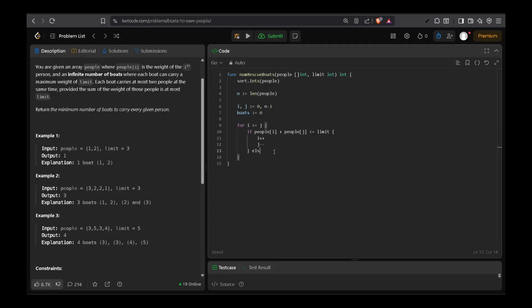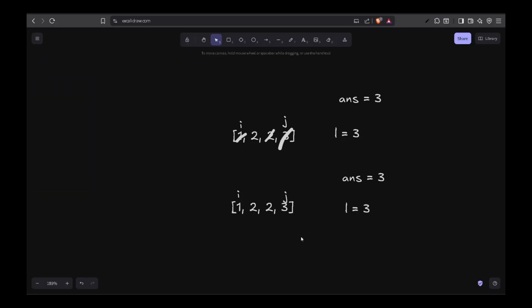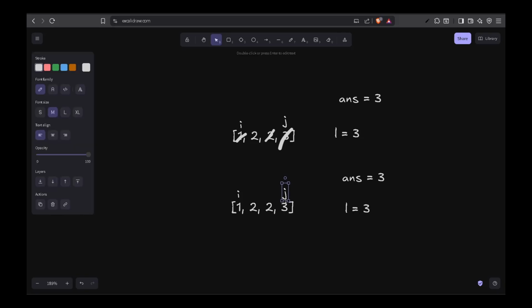If that is not the case, if it exceeds the limit, what we want to do is send the heavy person alone in a boat. Why? Because say here and here the limit is, let's say, 3, right? The limit is 3. 1 plus 3 would be larger than 3, which is 4. See from this index perspective that this is the heaviest of all the available numbers.